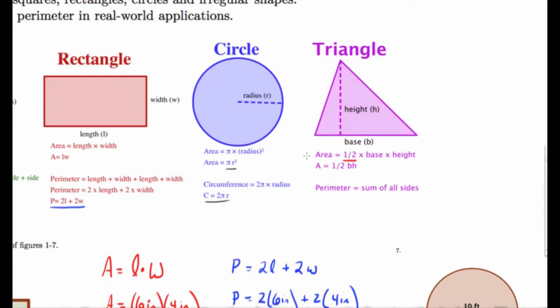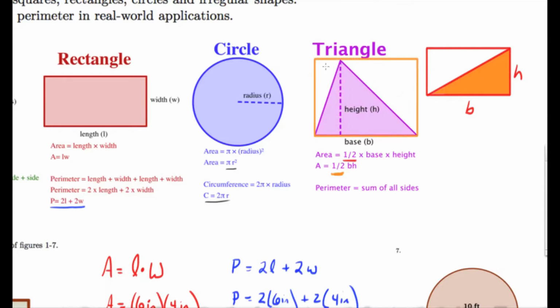And we can see this derived, this 1/2 comes from half of a rectangle. If I have a rectangle and I take half of that rectangle, and we call this the base and the height right here, this half that I have represents my triangle. So in the formula, I've got that 1/2 part right there because it's actually half of a rectangle. On this one, you can see that this part and this part would be half this part.